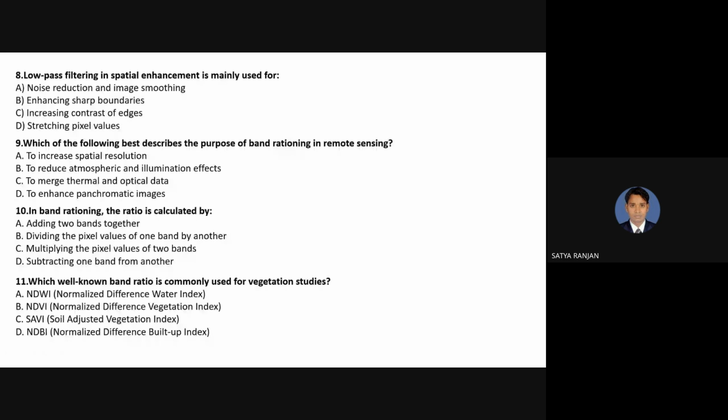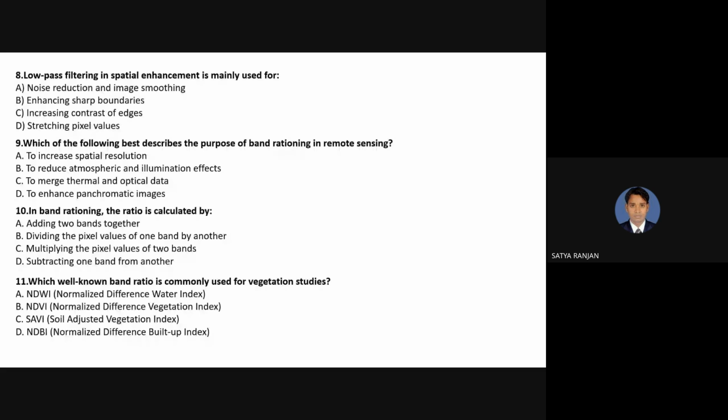Then number nine: which of the following best describes the purpose of band ratioing in remote sensing? Band ratioing. So band ratioing can reduce atmospheric and illumination effects. This is the answer.